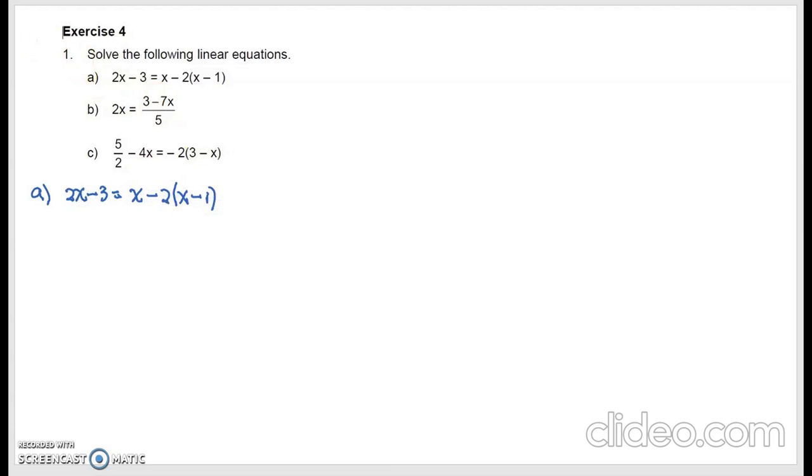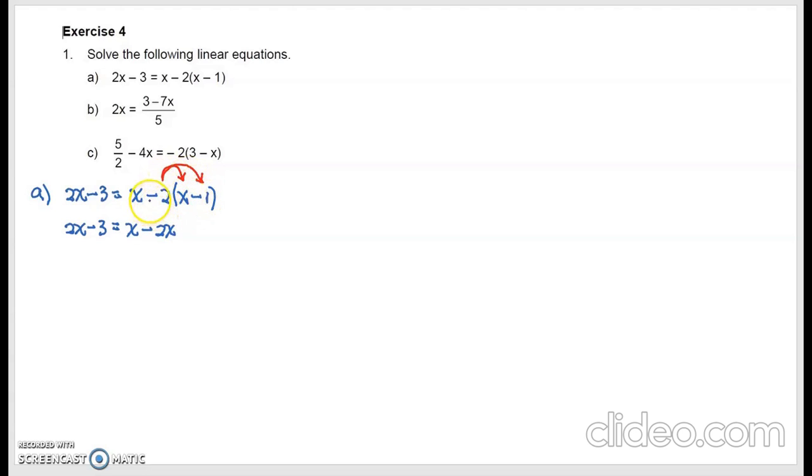So first, what we have to do is try to expand this bracket. From here, 2x minus 3 is equal to x, negative 2 times x, negative 2x. So be careful with the negative. Negative 2 times negative 1.